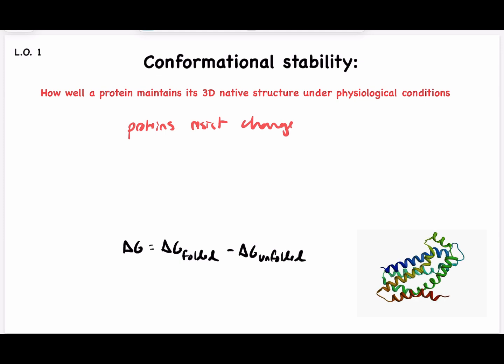If this idea of free energy is a little confusing now, I'm going to go into it in greater detail in future videos, but essentially it can be thought of as the driving force for everything. Free energy determines which direction reactions go in, it determines equilibrium, and in this case, it determines how proteins are folded. Proteins will tend to fold in a way that minimizes their free energy.